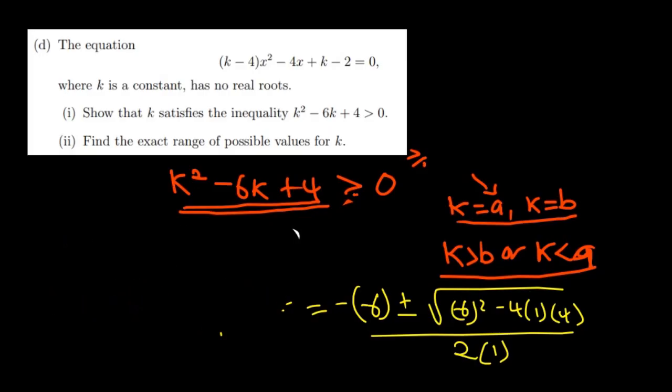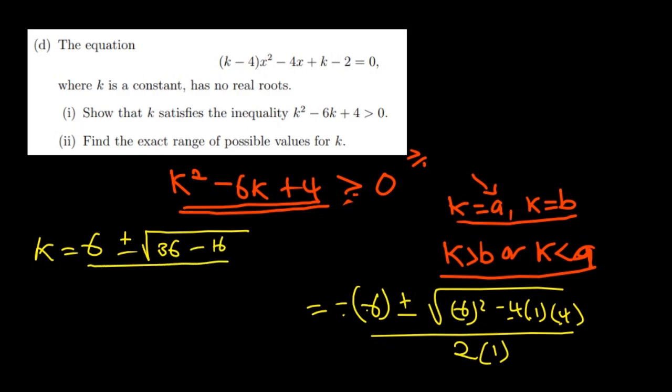Let's continue solving. k is equal to minus multiplied by minus 6, that would be positive 6, plus or minus, and then inside the root we have minus 6 squared, that would be 36, and then minus 4 multiplied by 1 multiplied by 4, that would be minus 16, and then I'm dividing all this by 2.